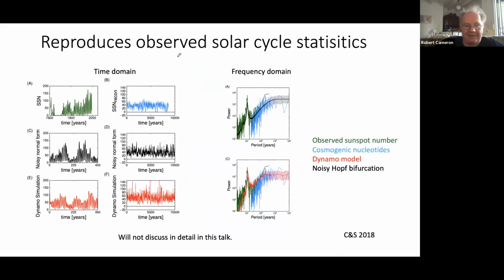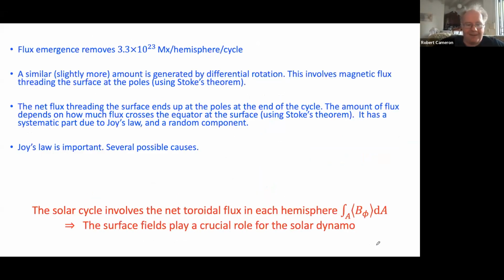I'm not going to discuss it, but the same model, if you put in the observed noise level, reproduces the statistical properties of the solar cycle over the last 10,000 years, obtained from cosmogenic nuclides, or from the actual observations of sunspot numbers. And the reason it does this is actually very generic, but for details, I'm going to have to refer you to this paper.